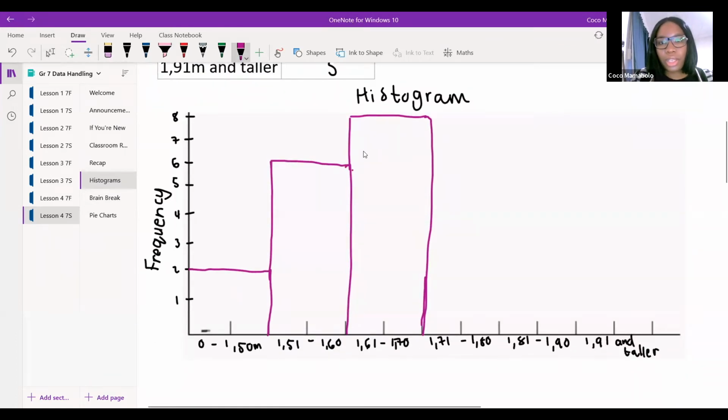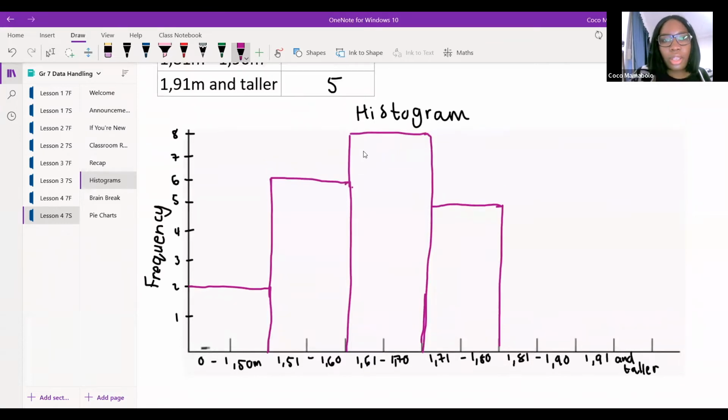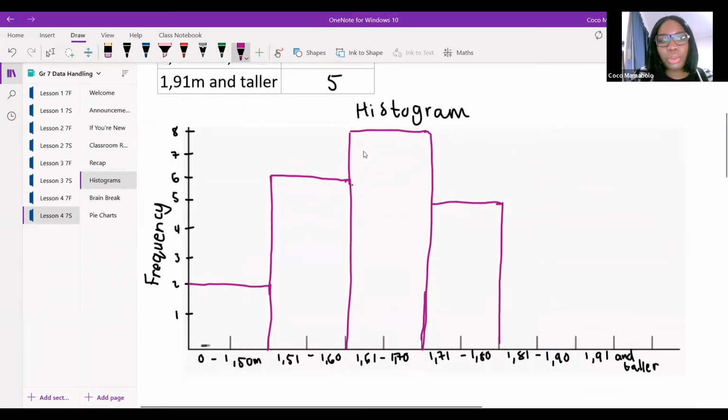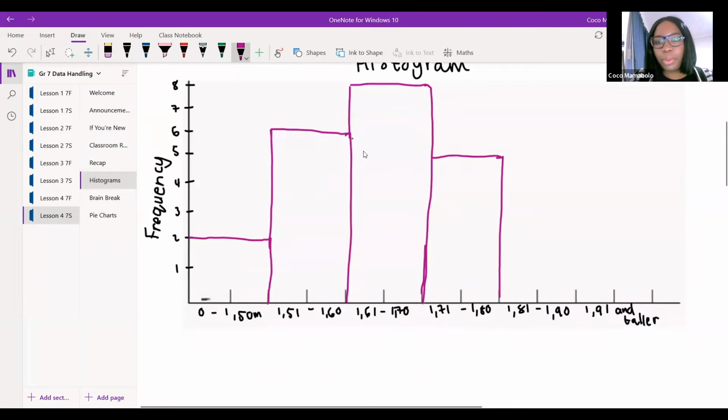So that's over here. And then 1.81 to 1.9 is 3 people. This looks like a bell curve that we want for marks, not heights.